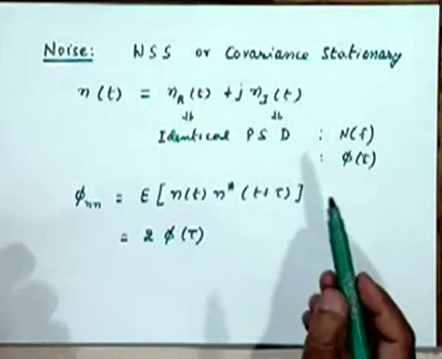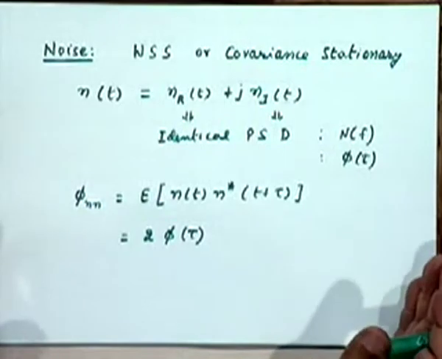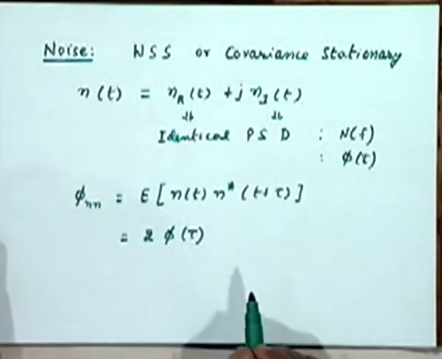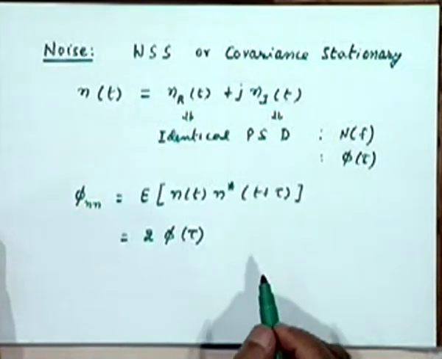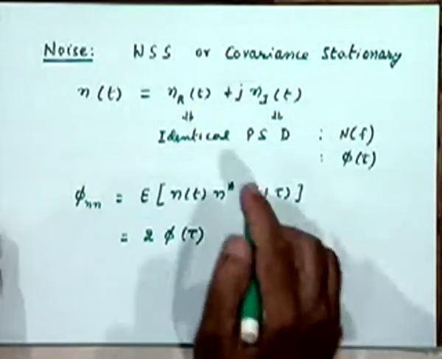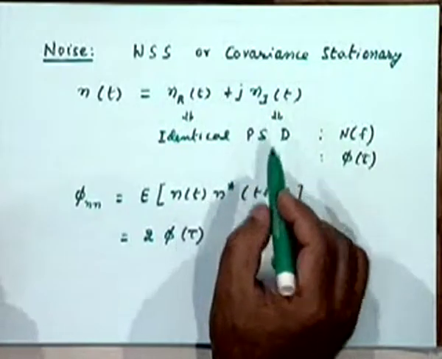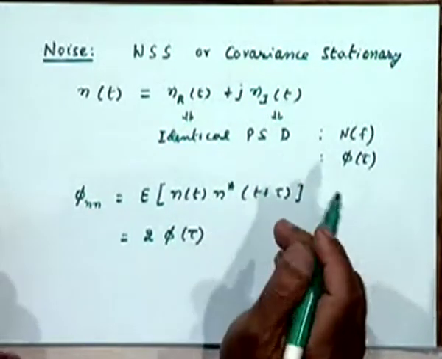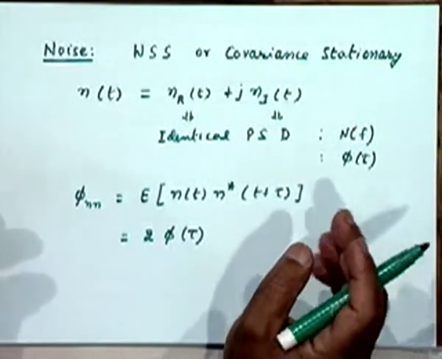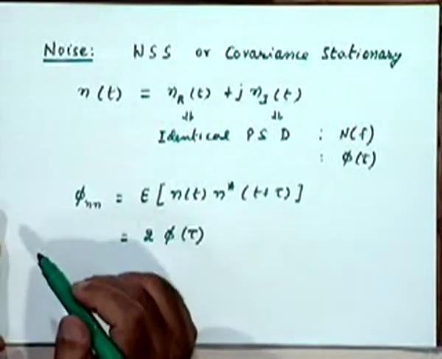Of course, uncorrelatedness would imply independence only under the assumption that n(t) is Gaussian. That is just to elaborate on the fact that we will have to assume them to be either uncorrelated or independent, and uncorrelatedness of two random variables would imply independence if and only if the two random variables are Gaussian, which in this case means the noise process is Gaussian.